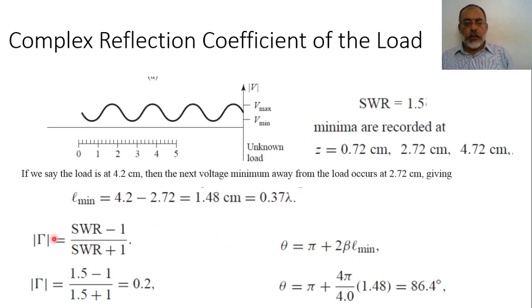On the other hand, the magnitude of the reflection coefficient gamma would be the standing wave ratio minus 1 over the standing wave ratio plus 1, so it is 1.5 minus 1 over 1.5 plus 1, which is 0.2. Here we have the magnitude and the phase of the reflection coefficient.